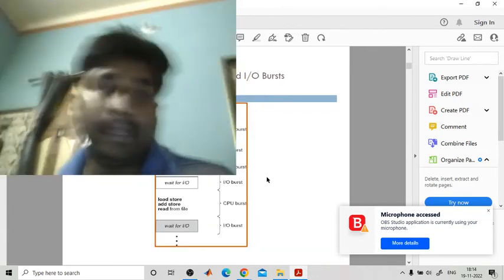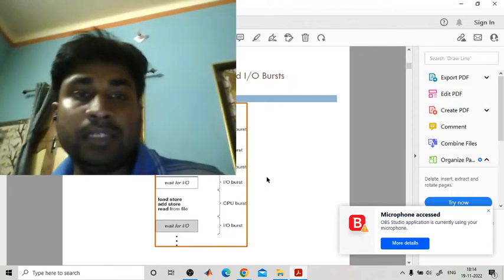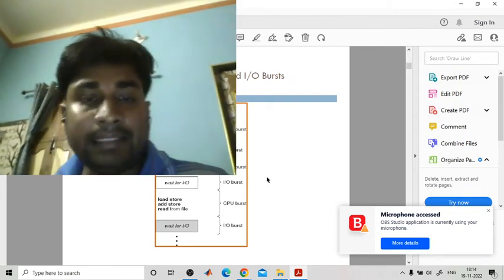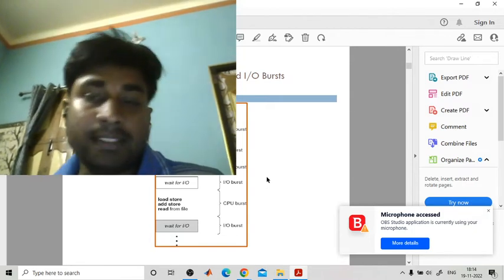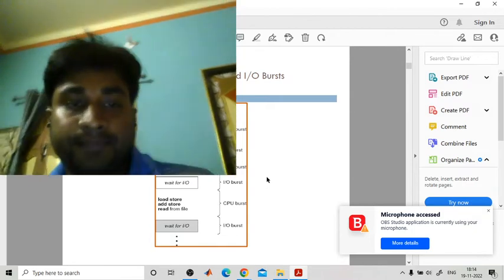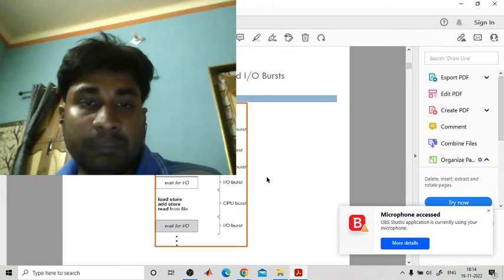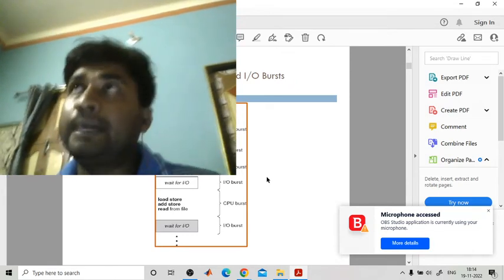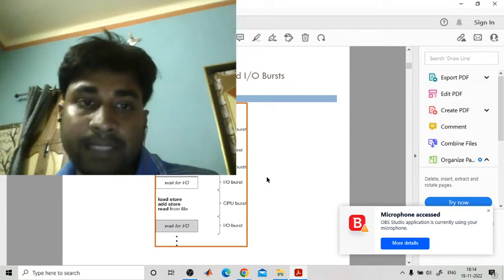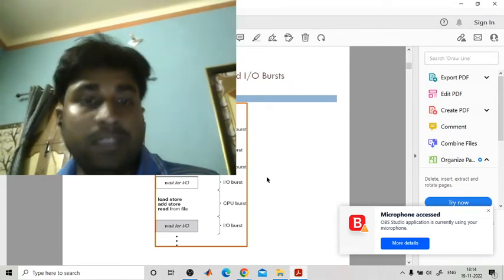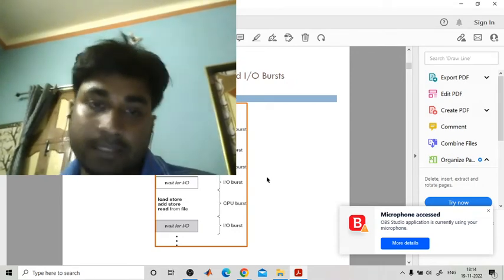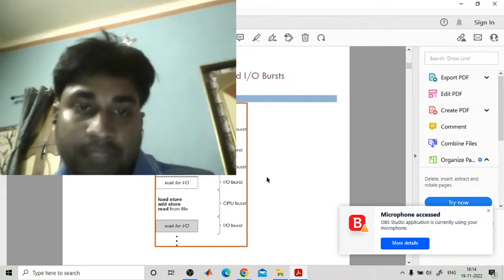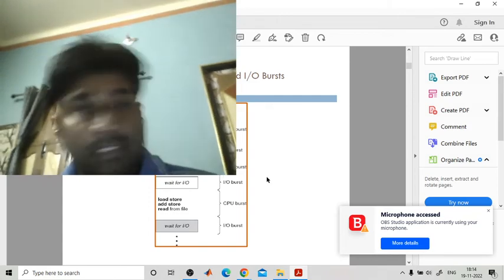Any process that is taken by the CPU may go for either a CPU burst or an IO burst. CPU burst means that the process is executing, that is the part of the execution time. The process has some job to be executed, and that will be done by the CPU.